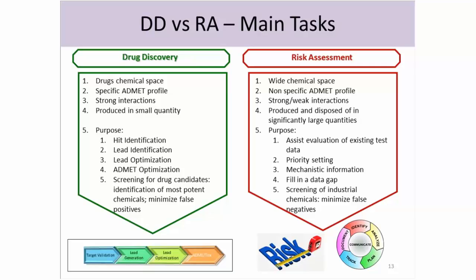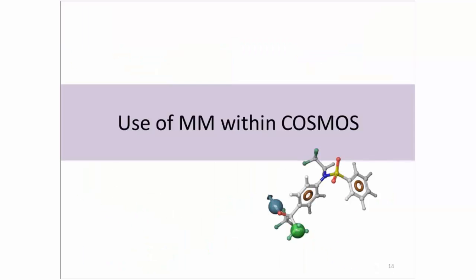This is the last difference. So we considered everything all together, and we selected the parameters to use molecular modeling applied in this different framework. And we used these studies as a case study to see how these parameters can be tuned.